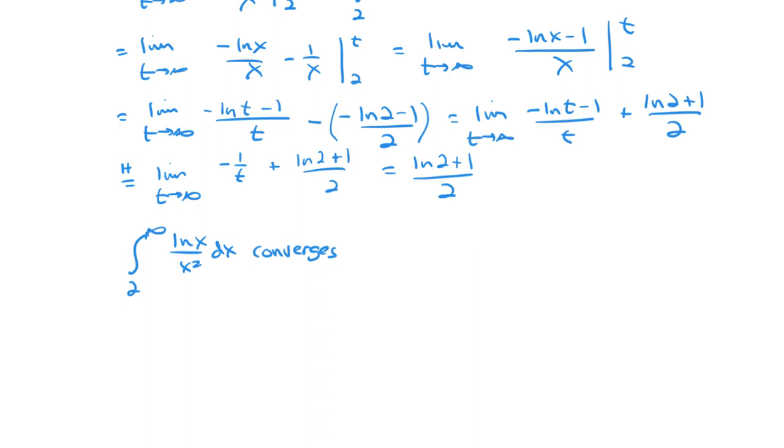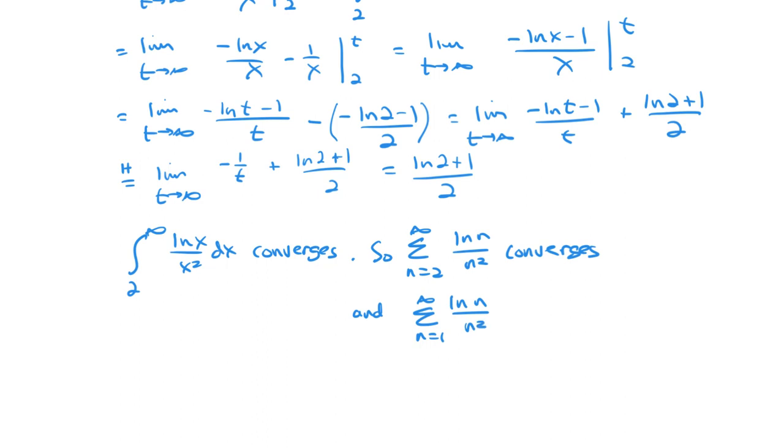So the series n equals 2 to infinity of natural log of n over n squared converges. And if that converges, then the one we were interested in from 1 to infinity also converges by the integral test.